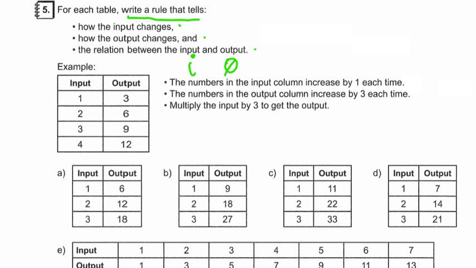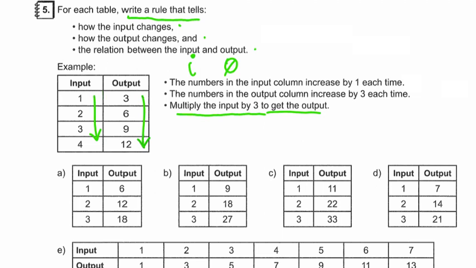The numbers in the input column increase by 1 each time, so you can see this going 1, 2, 3, 4. And the numbers in the output column increase by 3 each time, so you can see that's going 3, 6, 9, 12. And so what we do to the input to get the output is multiply by 3 to get the output. Okay?